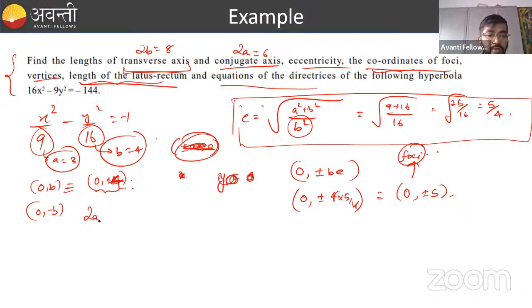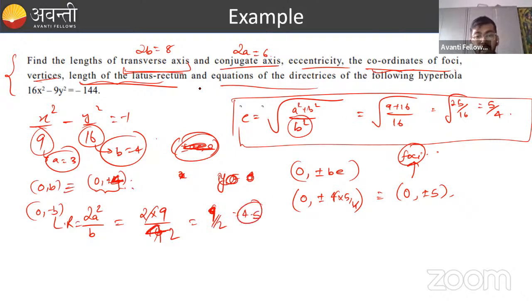Earlier it was 2b square by a in the normal hyperbola; in the conjugate it is 2a square by b. 2 into a square is 9, upon b, which is 4. So this comes out to be 18 by 4, which is 9 by 2, or 4.5 for better understanding.